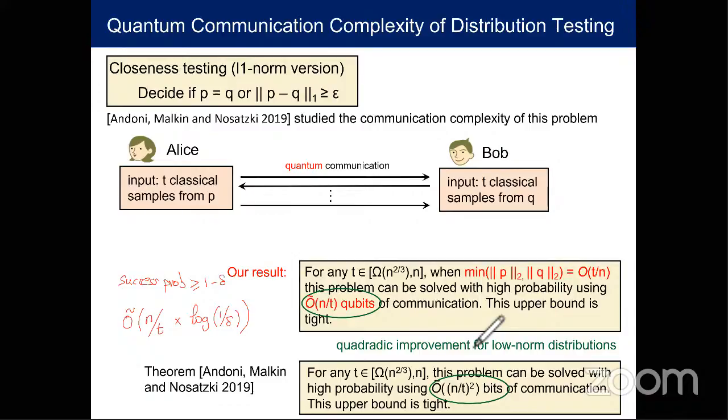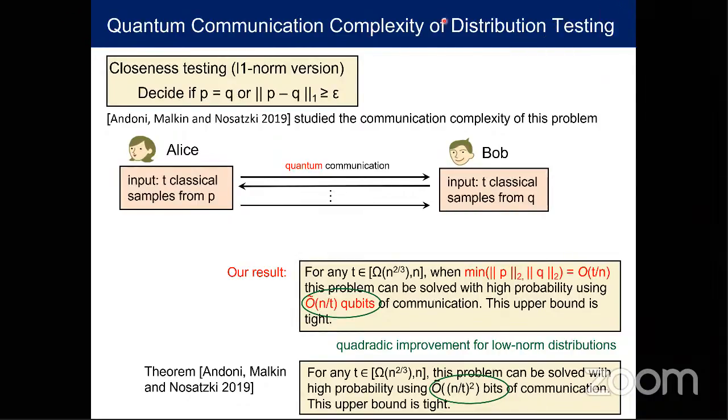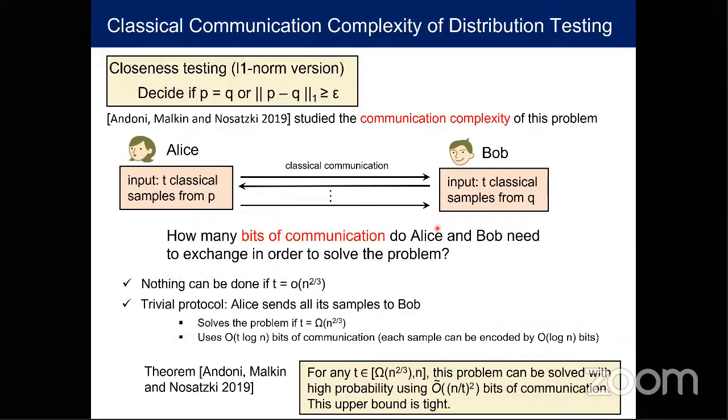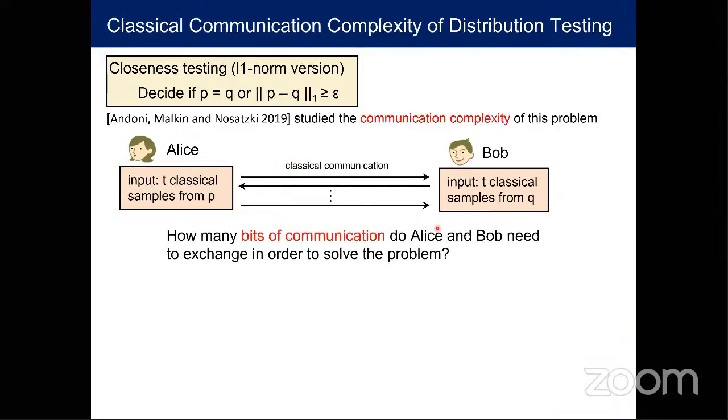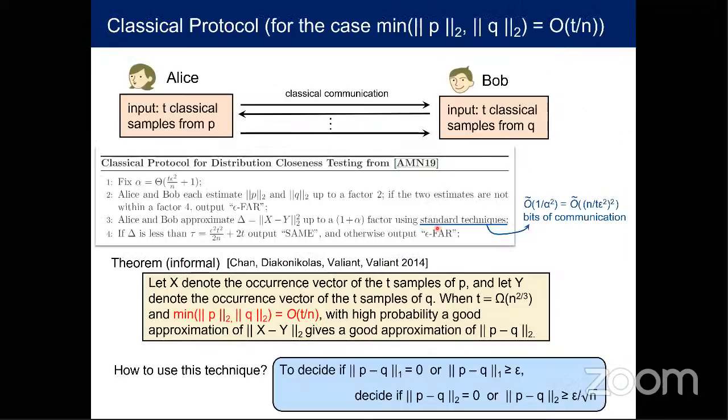Can I ask one more question? Sure. Maybe I might have misunderstood, but I thought that your large delta considers the distance between the occurrence vectors. Is it right? Yes. But this occurrence vector doesn't have full information of the distribution.